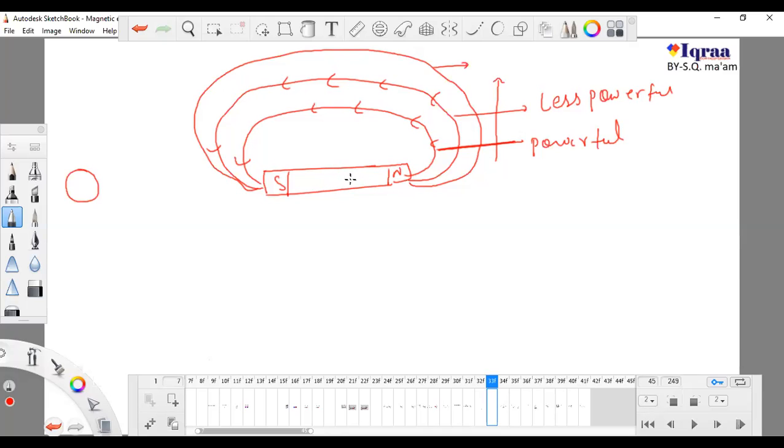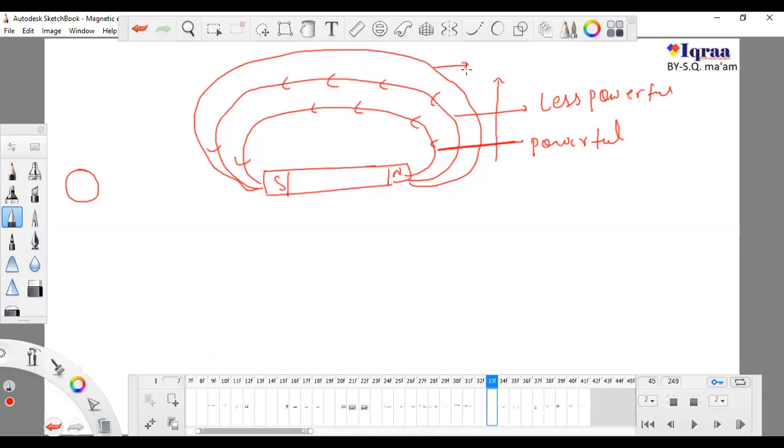So you can draw magnetic field lines, but after drawing some of them, there will be no deflection of the compass, because it will lose its field, or it will lose its power. Because a single magnet can only acquire so much area to show its magnetic field. Everything has a limited power.